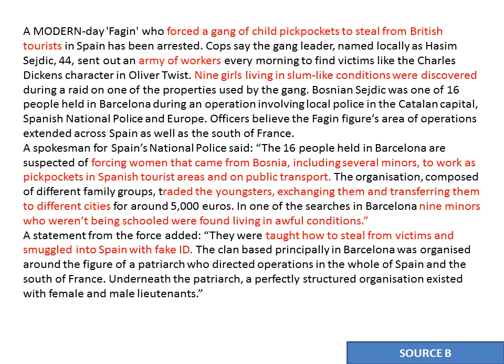They weren't being schooled, so again, they're treated very, very badly. There's less of a sense of someone who knows exactly what they're doing, like there was in source A, and the boy who was quite skilled and manipulative at the way that he stole the woman's purse. So again, see what I've done? I've highlighted in red all the bits that relate to how the criminal is presented to us.